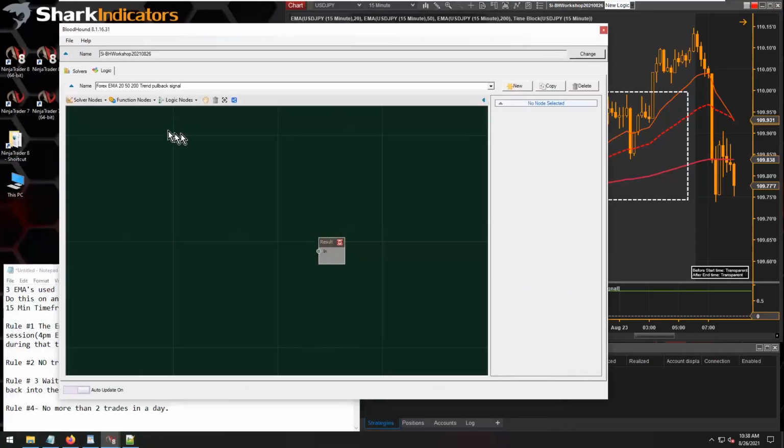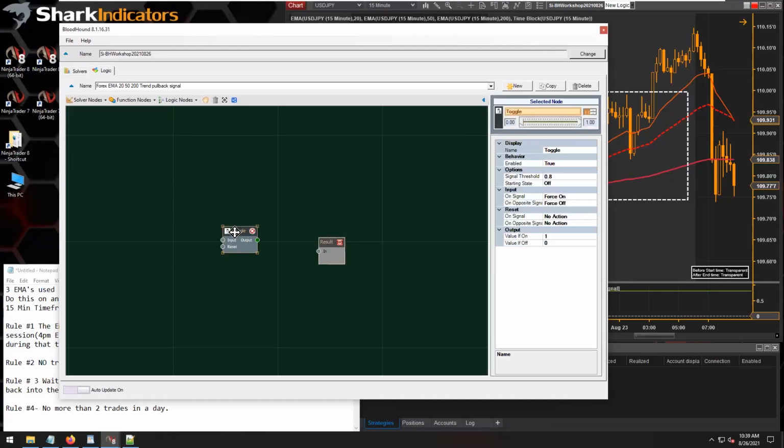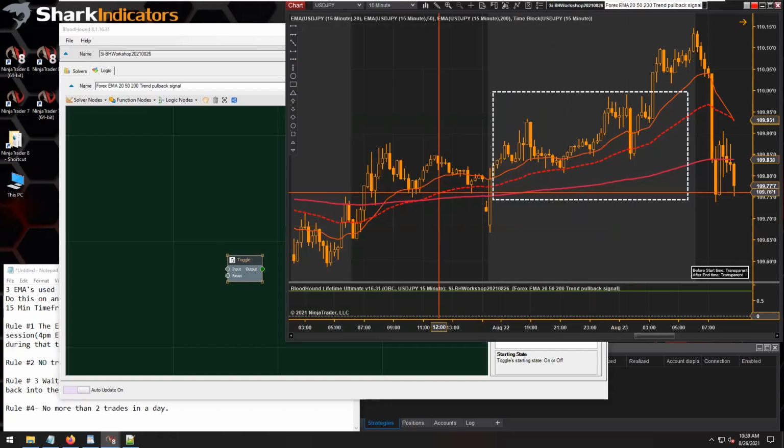To do that, we're going to use a toggle node along with some crossover solvers here. And we'll get back to this, but the toggle node has this starting state, and the starting state is going to be on. So when we think about this, basically it's okay to trade unless there is a crossover.